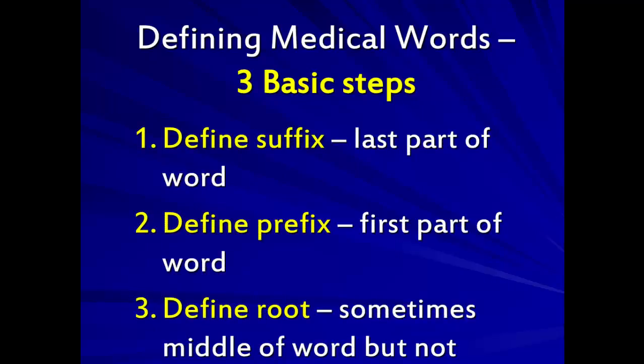There are 3 basic steps when determining the meaning of a compound medical word. The first thing to do is define the suffix, which is the last part of the word, or the caboose of the train. Then you're going to go to the front part of the word, which is the prefix, the engine of the train. And then you're going to define the root, which sometimes may be the middle of the word, but not always. So we have a term, gastroenteritis. Itis is the suffix. We go to the end of the term to determine what is the suffix.